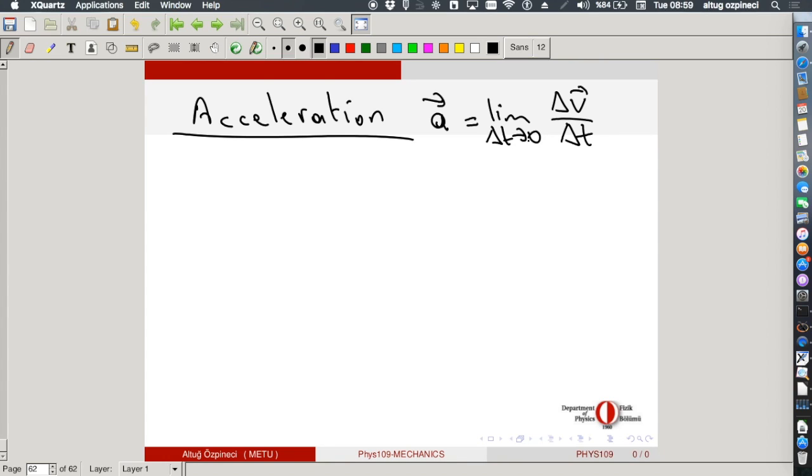So we have to pick two successive times, calculate the change in the velocity, whose direction will give us the direction of the acceleration, and divide it by the time it takes for that change to happen. So again, let's take two successive times. Initially, this was the position of my object, and at the next time, this is the position and this is the velocity. This is the initial, this is the final.